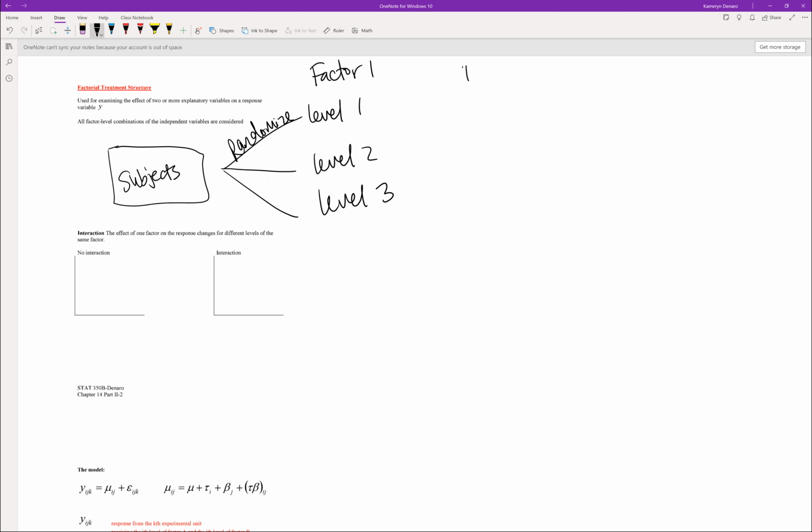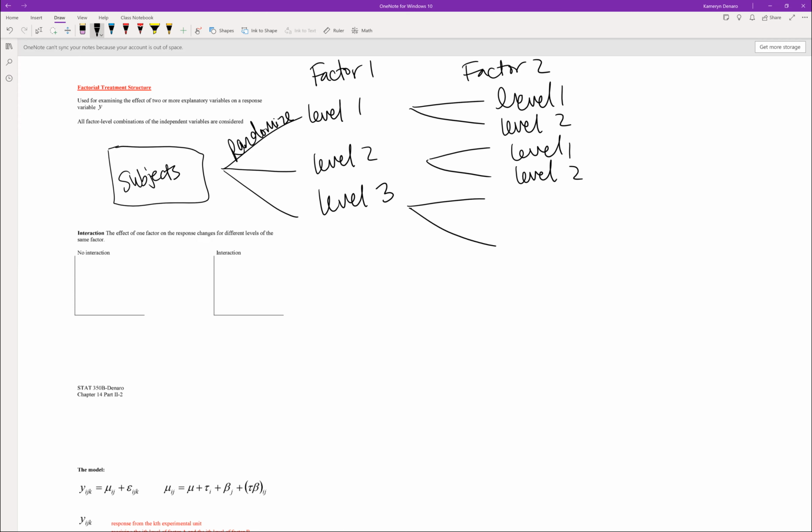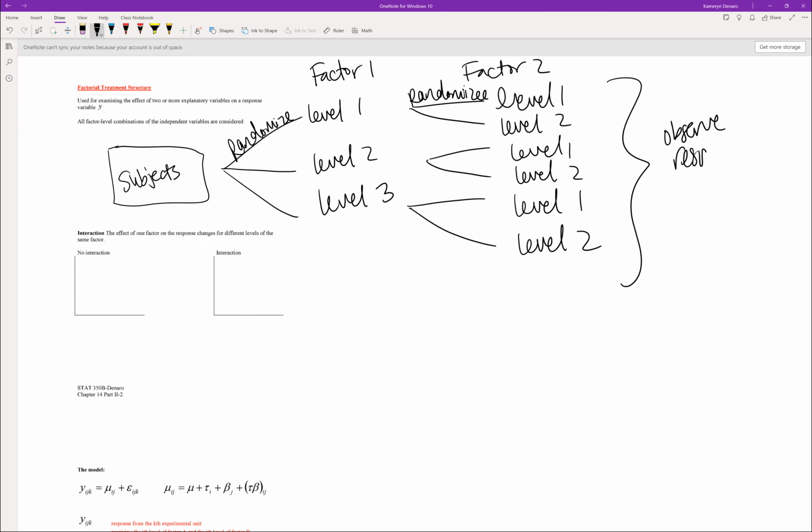And then suppose that factor 2 has two levels in the treatment: level 1, level 2, level 1, level 2, level 1, level 2. We're randomizing at this stage as well. And at the end of the day, we're going to observe some response variable.